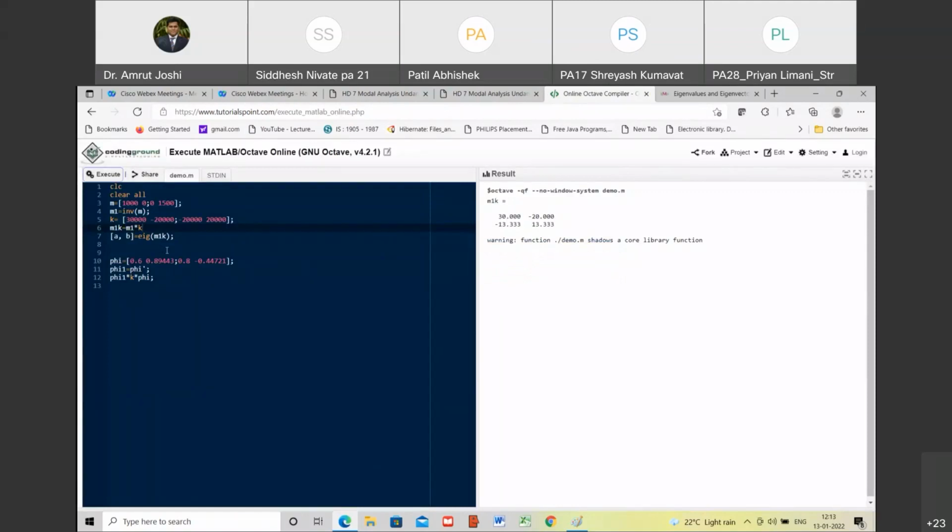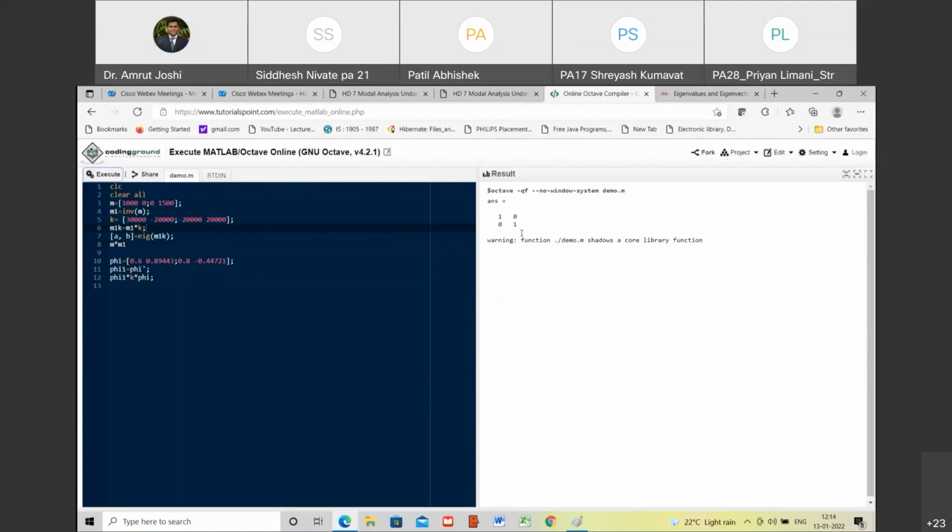Okay, then we have a peculiar situation here. One minute. So the eigenvalues are correct. We will check whether M inverse is right. M into M inverse should be 1.